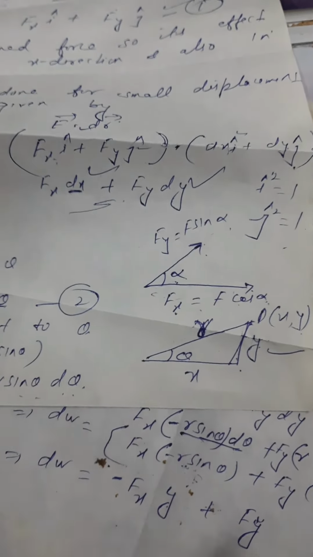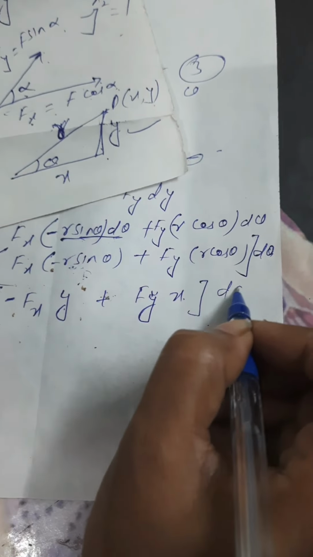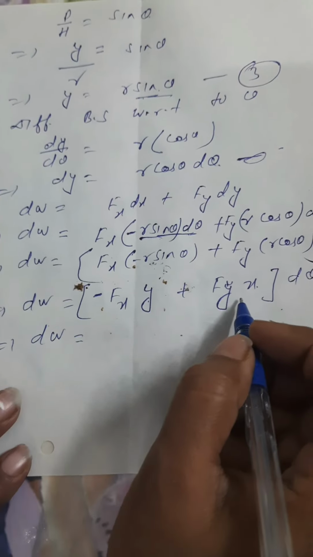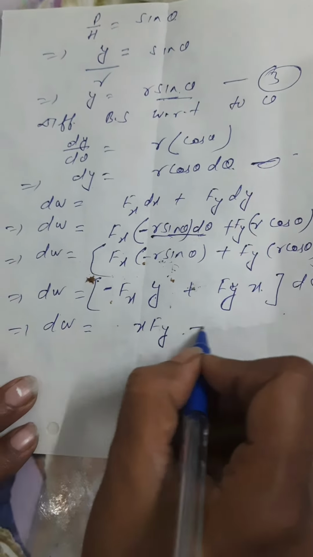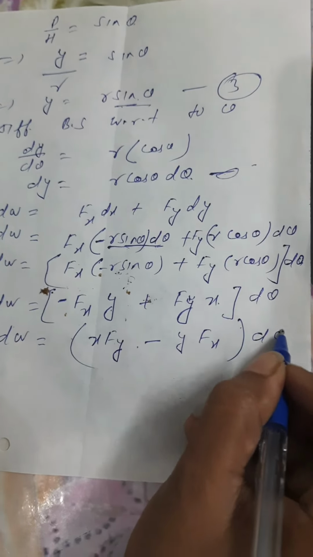What is r cos theta? See here in the second equation, r cos theta is x. So this is x, and d theta comes out. Clear? Now dw is equal to x fy minus y fx times d theta.